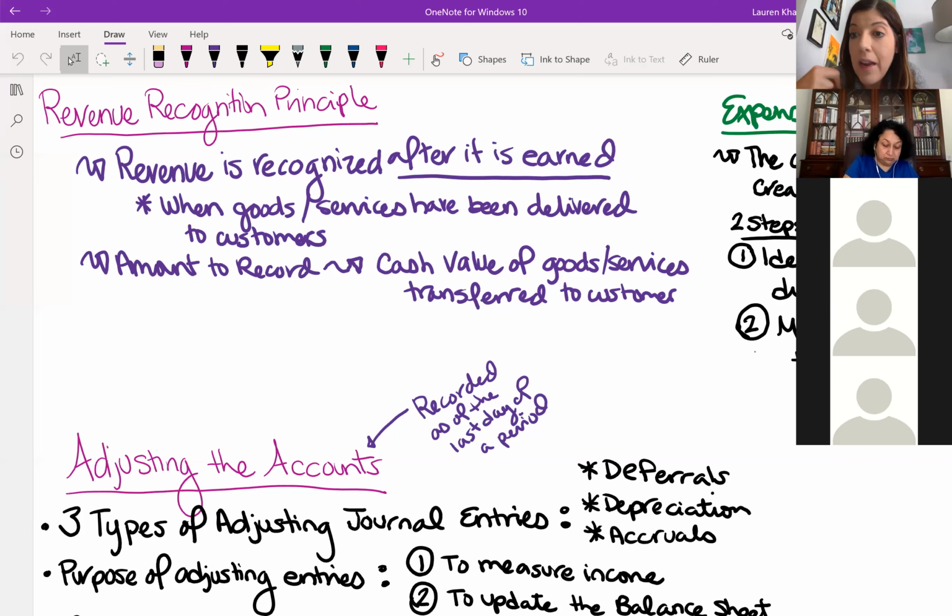I have to provide the goods to my customer. I need to transfer title to those goods to my customer, meaning I no longer own those goods, before recognizing revenue. Or I have to perform a service before I can recognize revenue. I can't recognize revenue before that point.